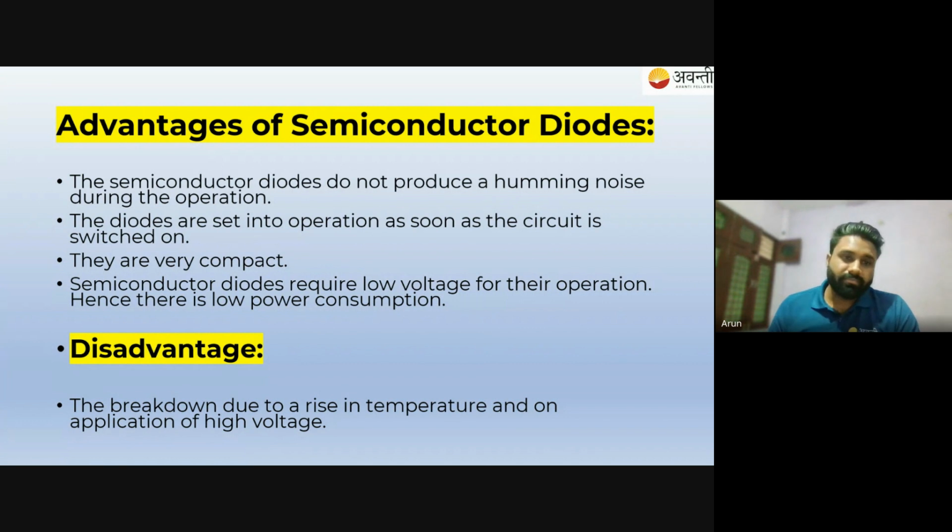So this semiconductor diode does not produce a humming noise during operation. Humming means when there is a system and there is some unwanted noise that you don't want to hear; that kind of noise is termed the humming noise.